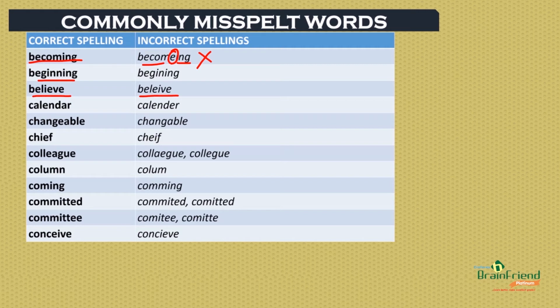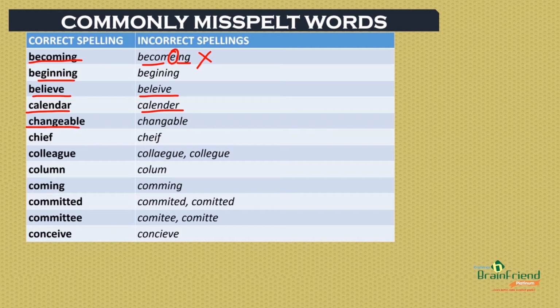Also, we have the word calendar, spelled CALENDAR, but it's wrongly spelled as CALENDER. Next, we have changeable, which is spelled as CHANGEABLE.